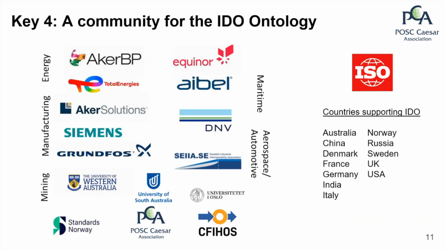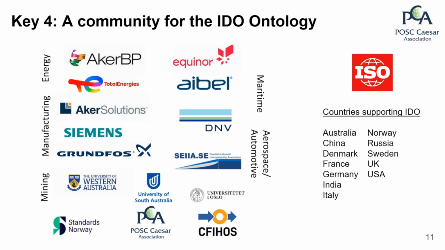And then the other part of the puzzle that's really important is we have a really big community for IDO. So we have key players who've been part of this for ages. Obviously, the ones that are listed as partners on the earlier slides, but in addition to Equinor and Aker and DMV, we've got Siemens and Grundfos.